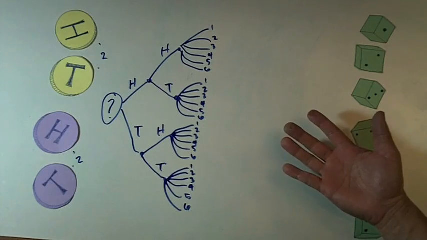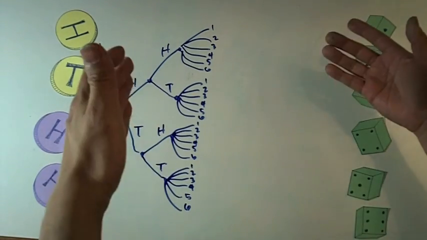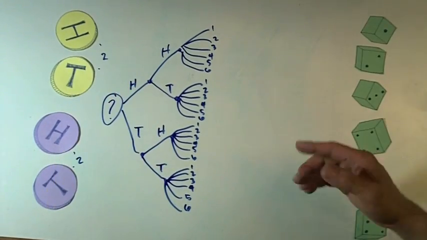Ta-da! There you go. That's what a tree diagram looks like for 2 coins and a die.